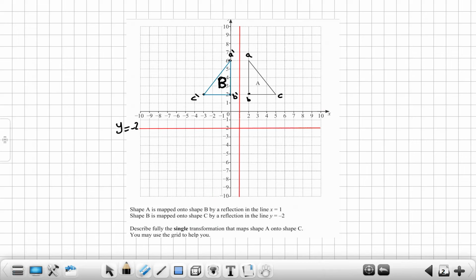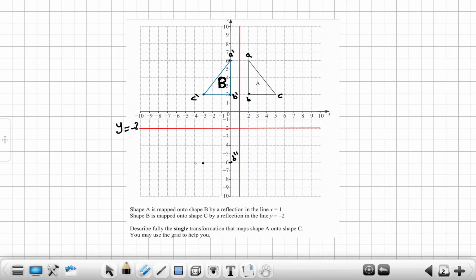So here, A, B, C, let's draw it again. Let's reflect them through y equals -2. So B is going to be here, 1, 2, 3, 4. Then I need 1, 2, 3, 4. This is going to be the image of B. And C, 1, 2, 3, 4. 1, 2, 3, 4.